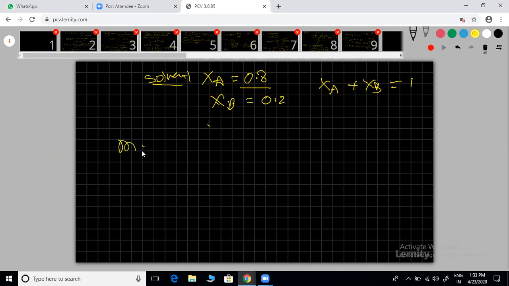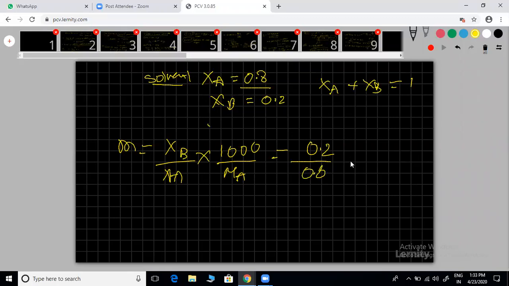We have molality M equals XB by XA into 1000 by MA, we can use. So XB is 0.2 and XA is 0.8, into 1000 by MA, the solvent molecular weight. What is the solvent molecular weight here? 18.